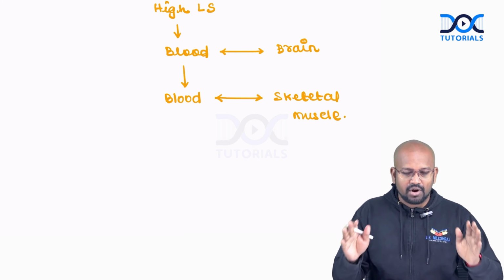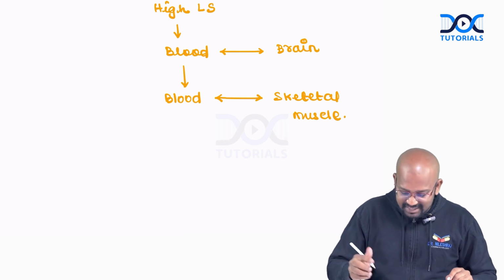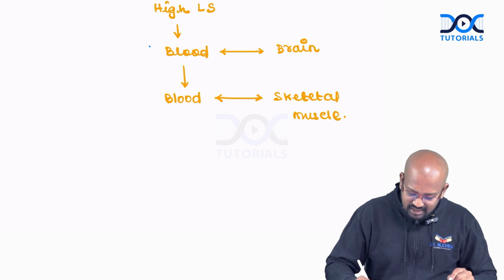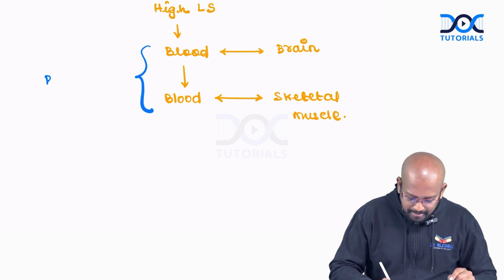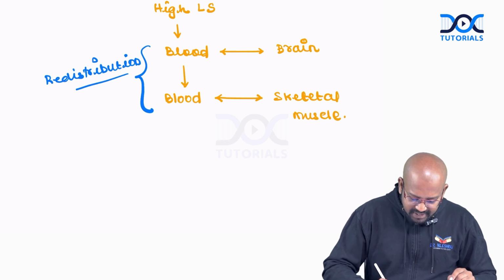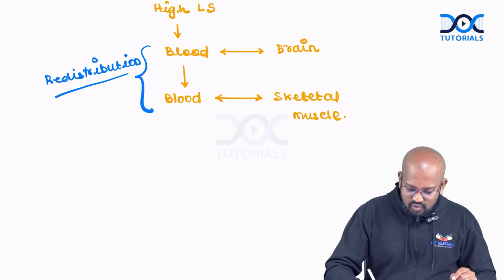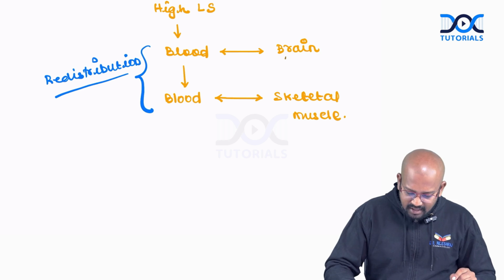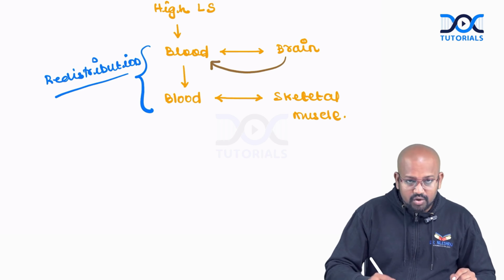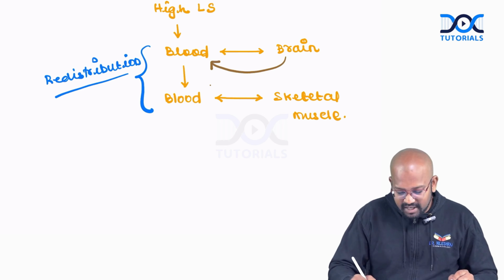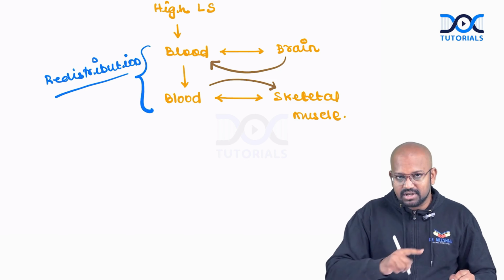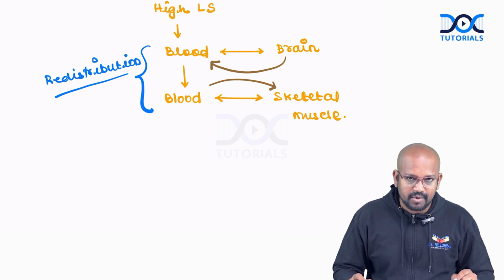It will not be there for a longer duration. This concept is what we call redistribution. Redistribution means the drug is getting redistributed into the skeletal muscles: from the blood to the brain first, again from the brain to the blood, and from the blood to the skeletal muscles. This sequence is what we call redistribution.